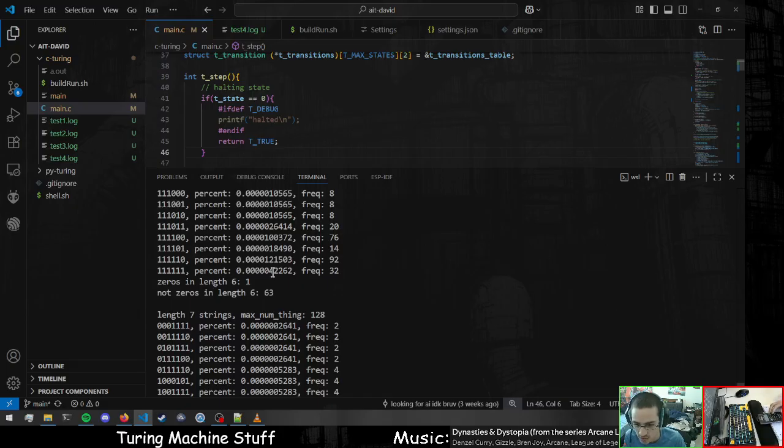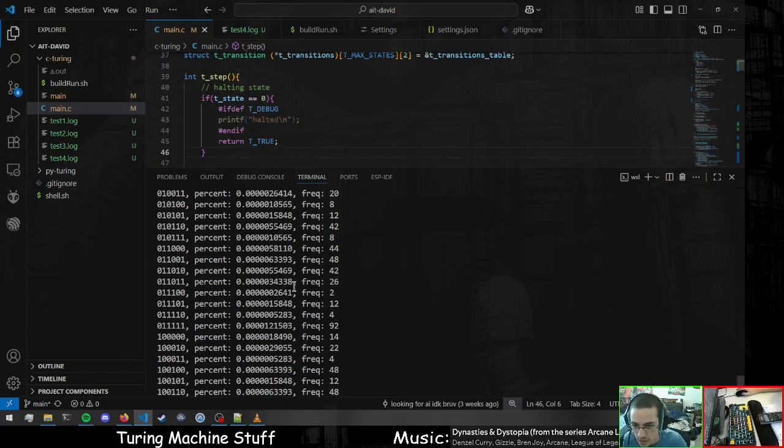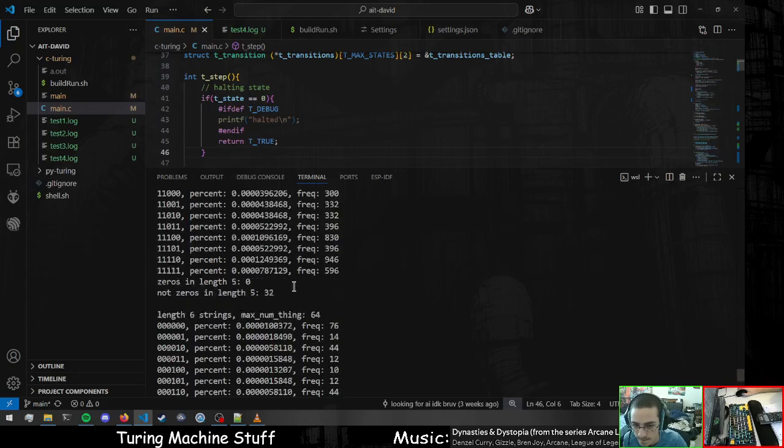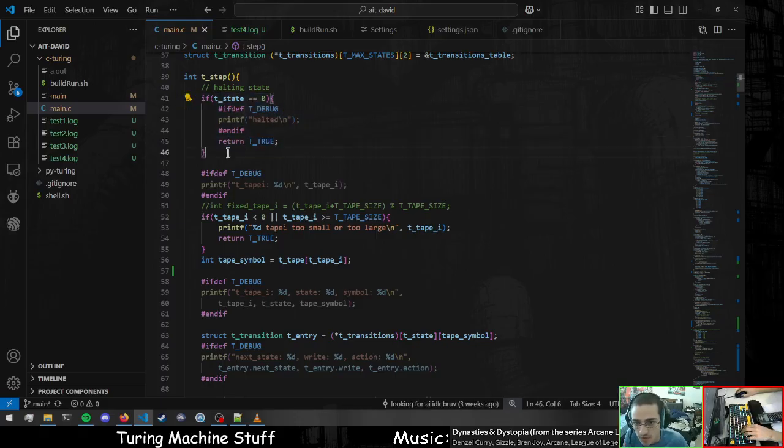That's weird. I think we're supposed to have 52 in here. Yeah, I think we're supposed to have 50. So we were probably closer to the correct behavior without putting this in the beginning.